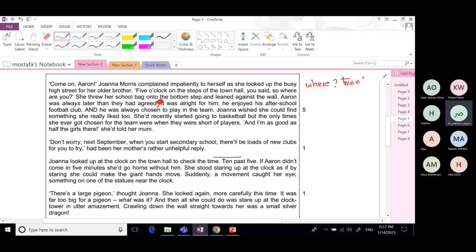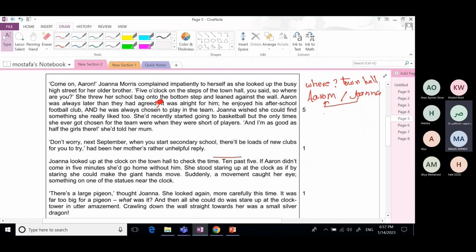What characters do we have in this text now? Aaron, her mom and her older brother. And the girl, Joanna. Okay, mom has no role to play here. She's just mentioned as an audience. So the main characters until now are Joanna and her brother.